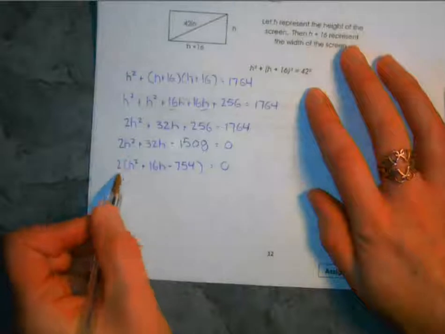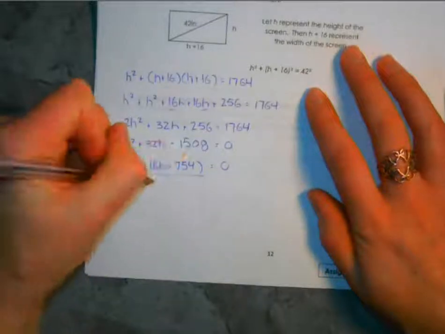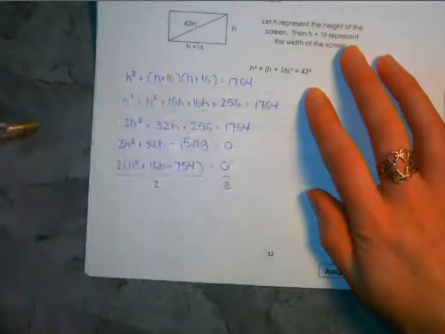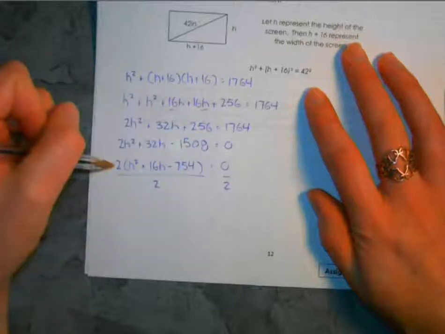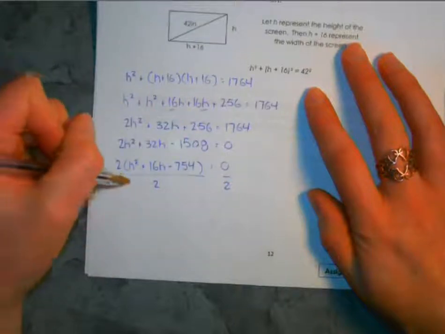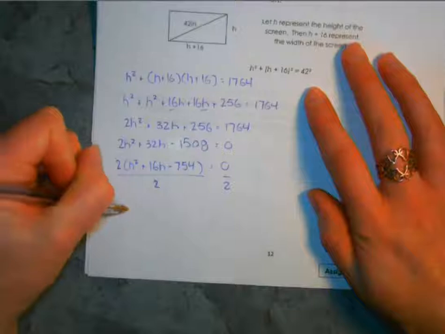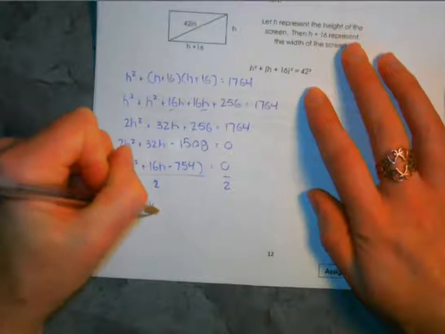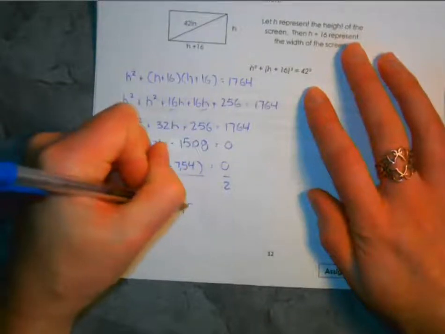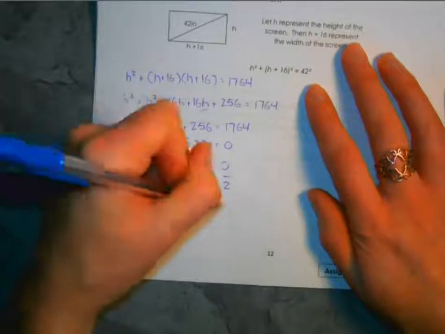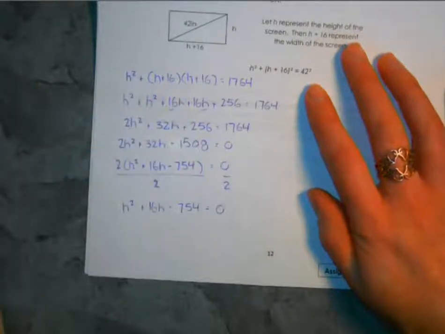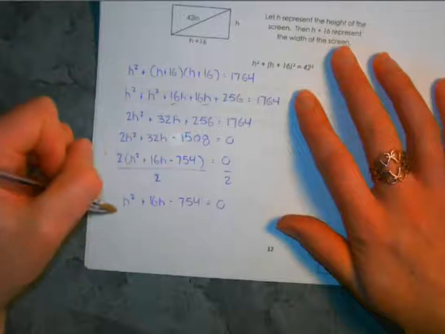So what I can do is get rid of this 2 by dividing this side by 2 and that side by 2. 0 divided by 2 is going to stay 0, but dividing this part out is going to leave me with just h squared plus 16h minus 754, and that is equal to 0. Okay, so now that's a lot easier value to work with.